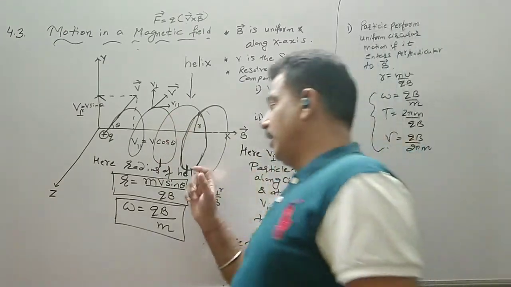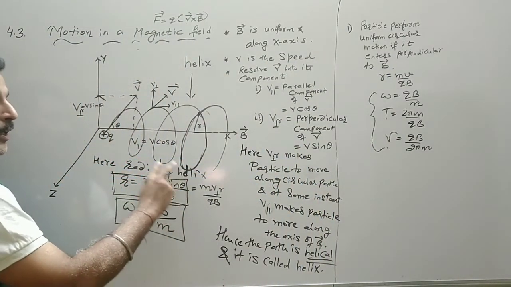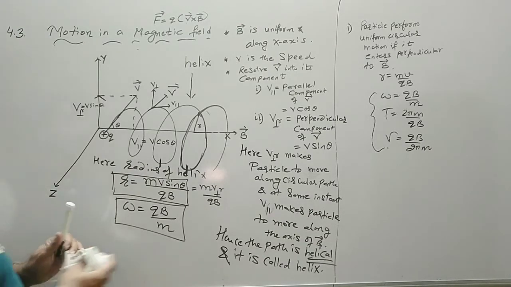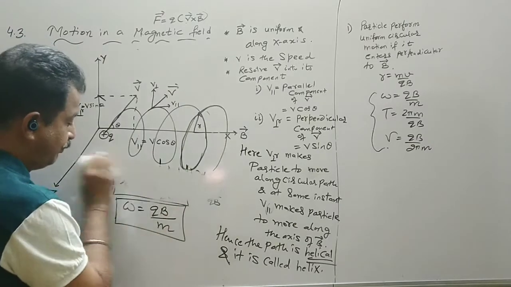So we have a linear distance of a particle in the direction of B after one complete rotation. That physical quantity is referred to as the pitch. So we define a new physical quantity which will be referred to as pitch.